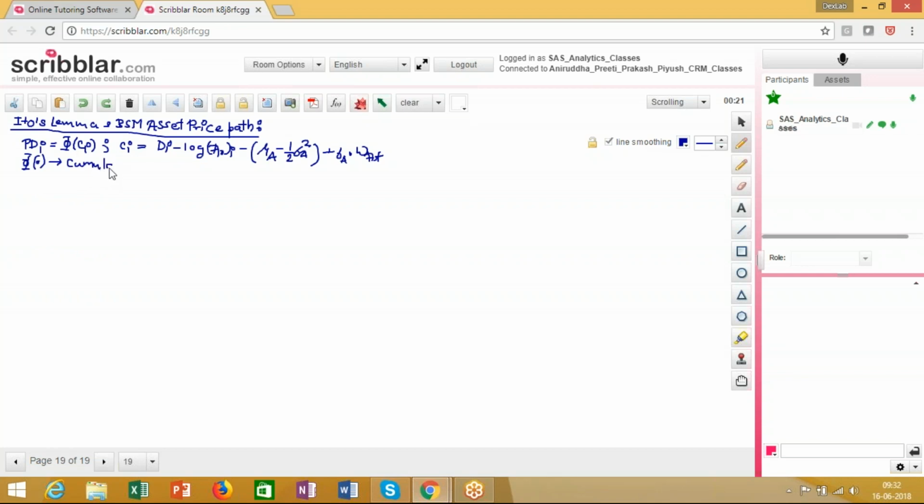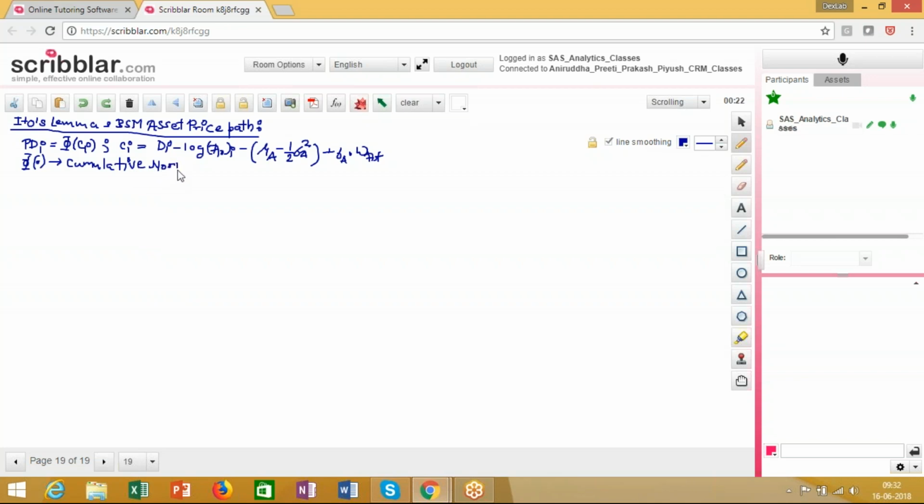So one quick question we try to ask is, how does a cumulative normal distribution look like? We'll quickly refresh the concept on normal distribution and cumulative normal distribution, and from there we'll see how this distribution would look like, and then we'll carry on.